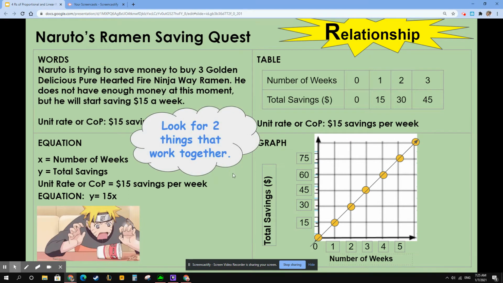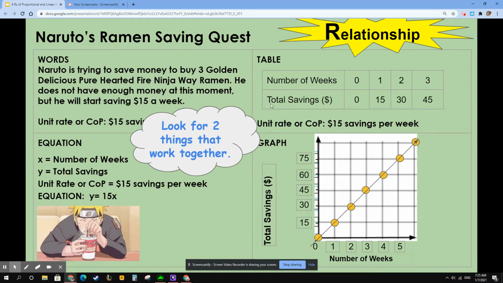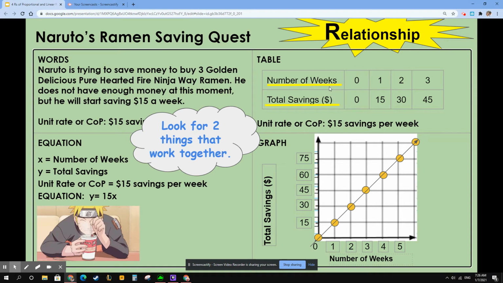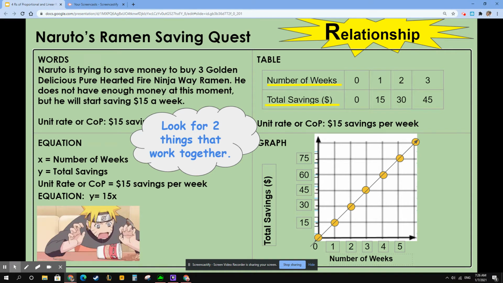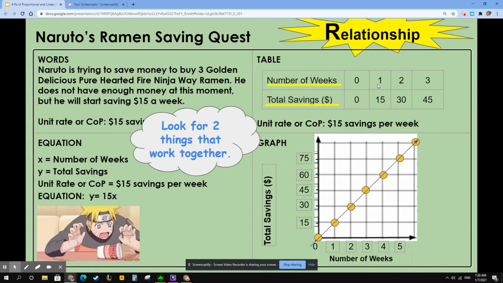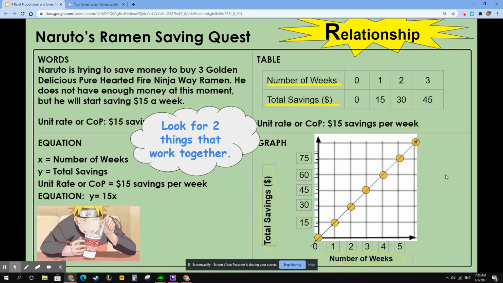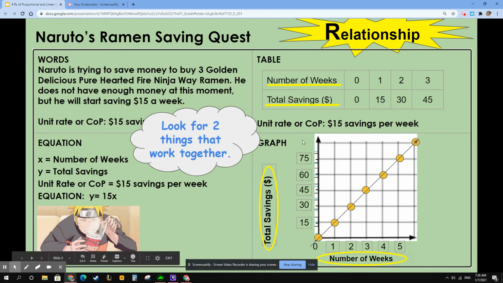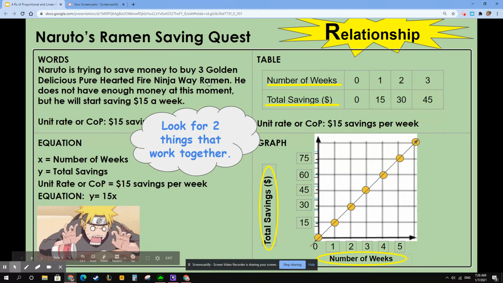Look for two things that work together. Let's start from the table. The two things that work together are the number of weeks and the total savings. We know the total savings if we know how many weeks. From the graph as well, you can find it, and it's usually the labels of the x and the y axis.